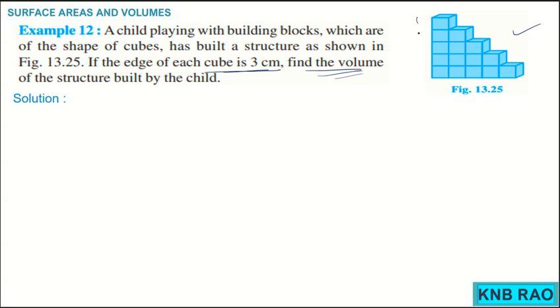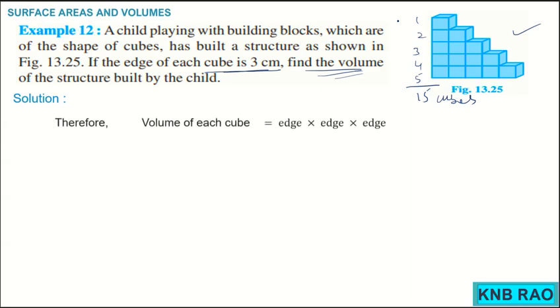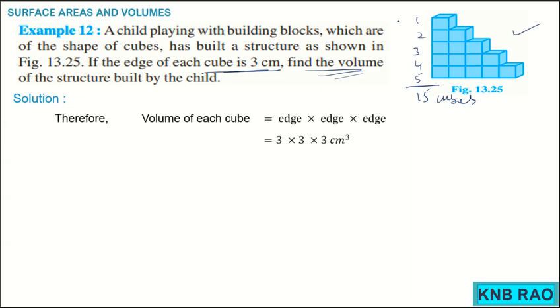1, 2, 3, 4, 5 and their sum, it is 15. So 15 cubes are used to make this structure. Thus, volume of each cube we will find out first, that is 27 centimeter cube, because 3 into 3 into 3 is 27 centimeter cube, and there are 15 such cubes used.